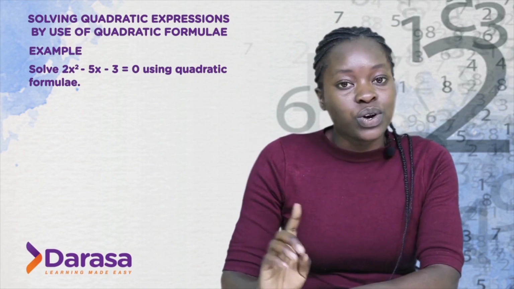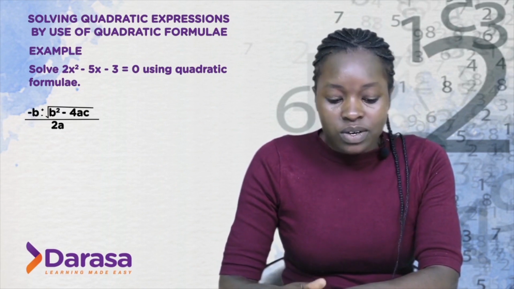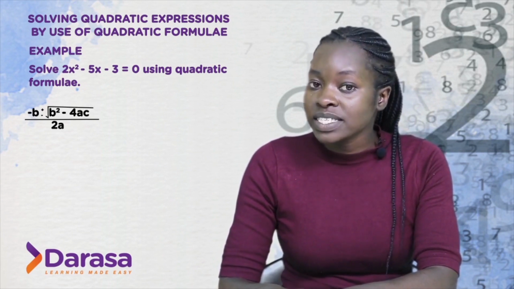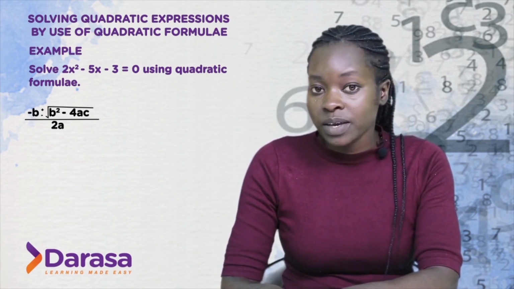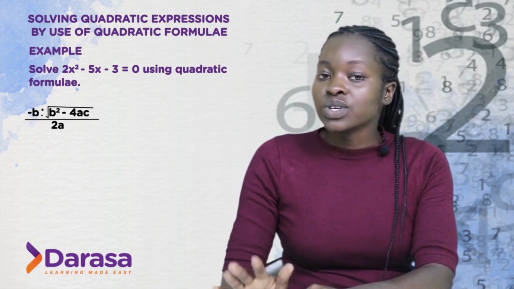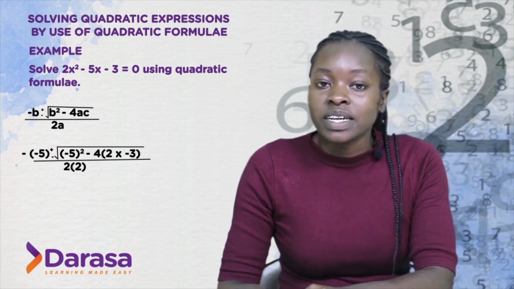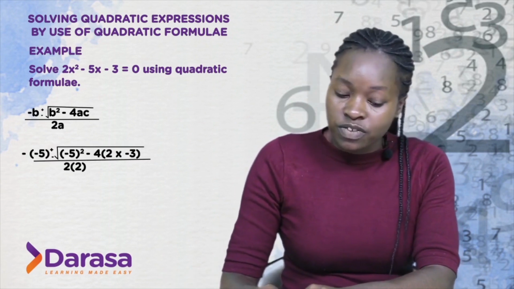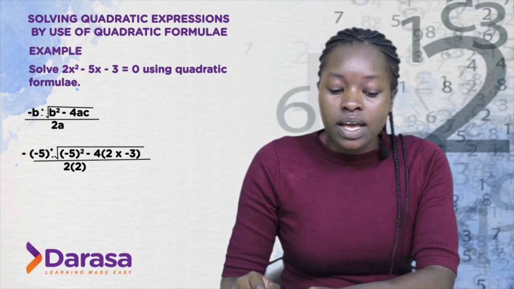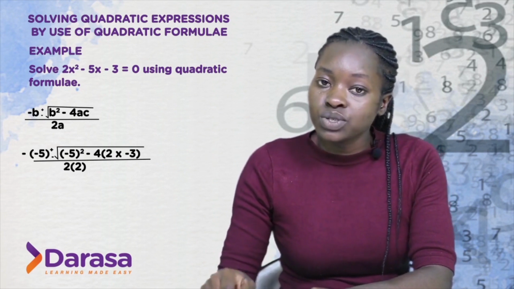Then you write your formula, which is negative b plus or minus the square root of b squared minus 4ac all over 2a. So now you're going to replace your a, b, and c. So replacing them, we are going to have negative negative 5 plus or minus the square root of 25 minus 4 times 2 times negative 3, all over 2 times 2.